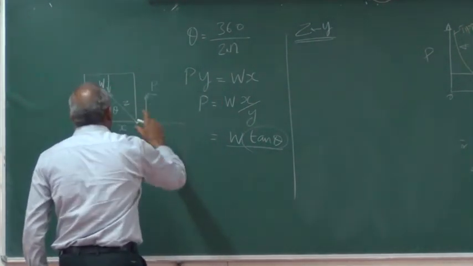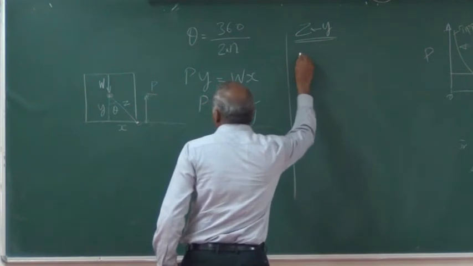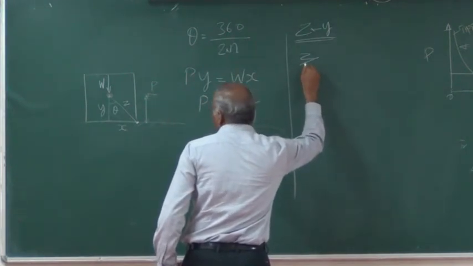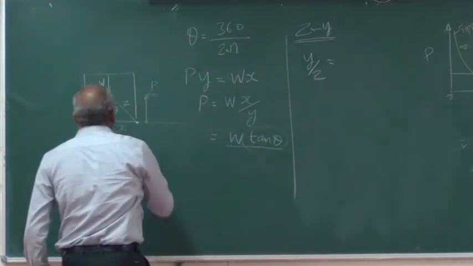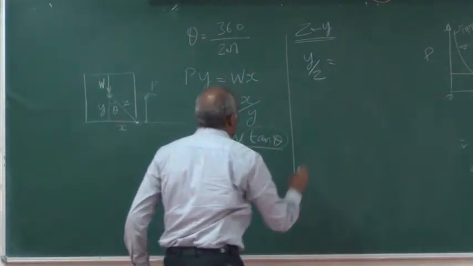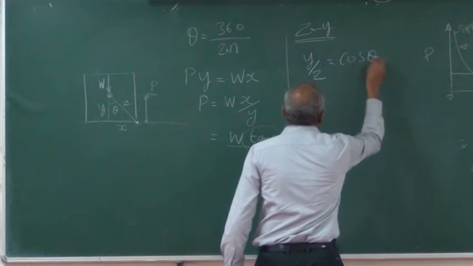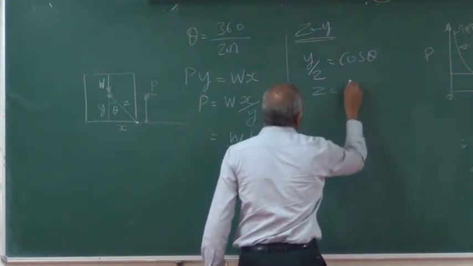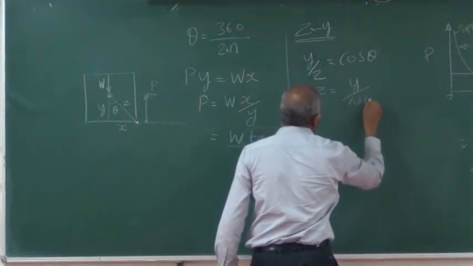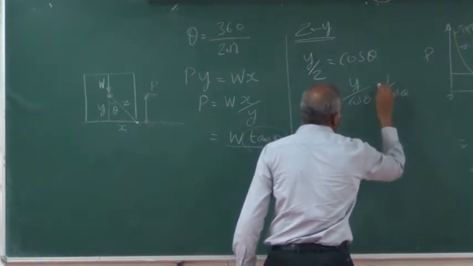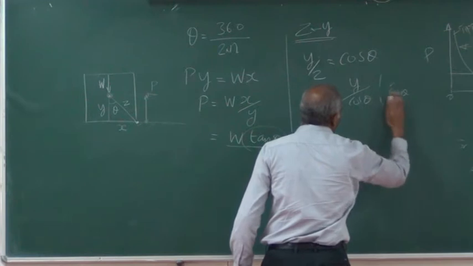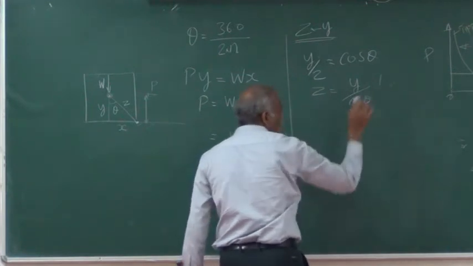If I talk about that, the ratio Y by Z is my ratio. Y by Z is going to be cos theta. So my Z is going to be Y by cos theta. Here this 1 by cos theta plays a role, the factor of 1 by cos theta, Y into 1 by cos theta.